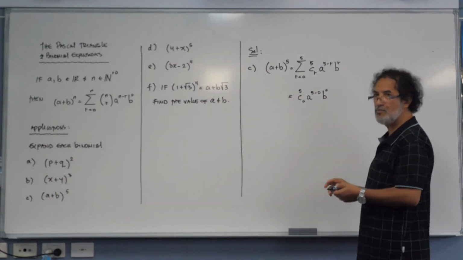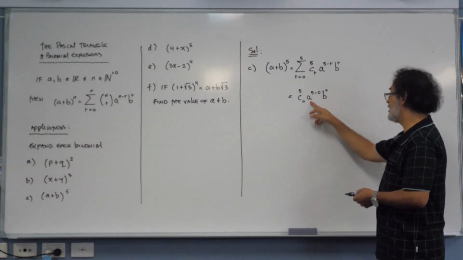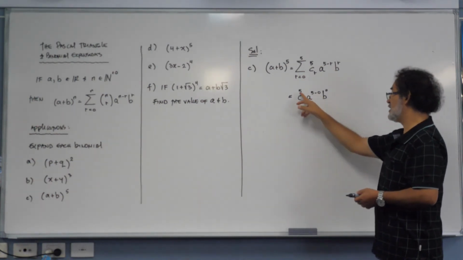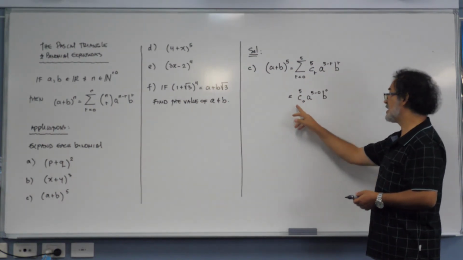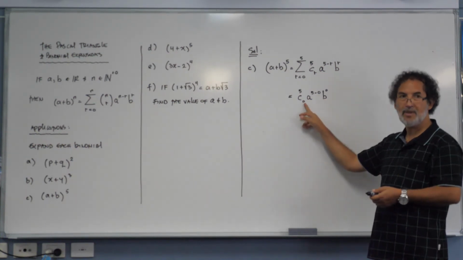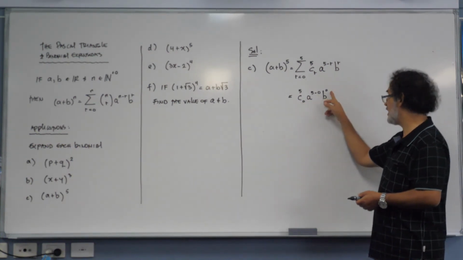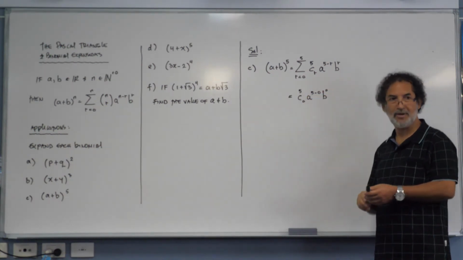Now, I want you to see the pattern. Can you see that the power of the first polynomial is always equal to that number take away that number? And can you see that the power of the second polynomial is always equal to that one? So this number matches that one, and this minus that is the power of the first one.